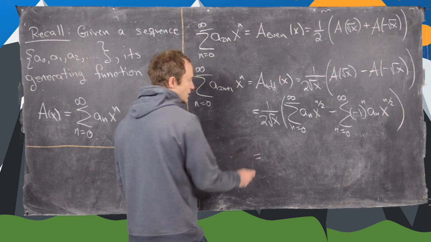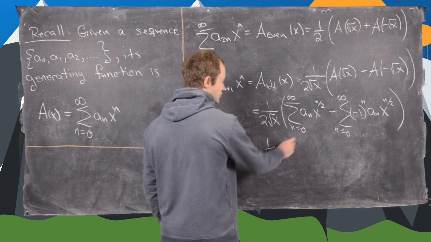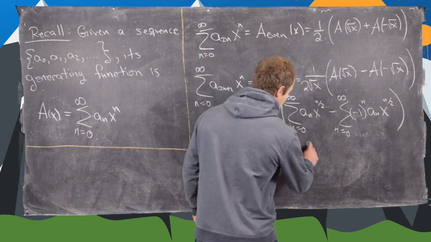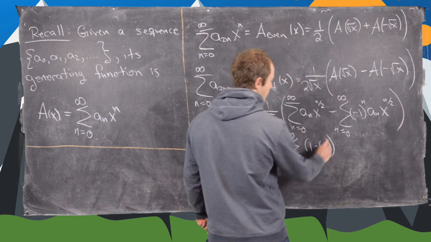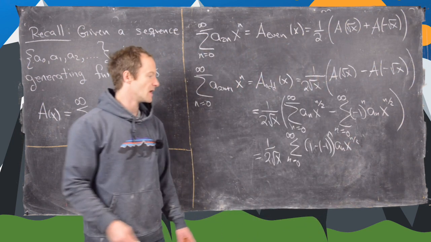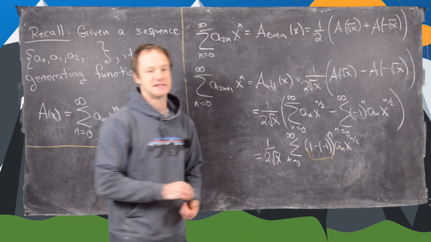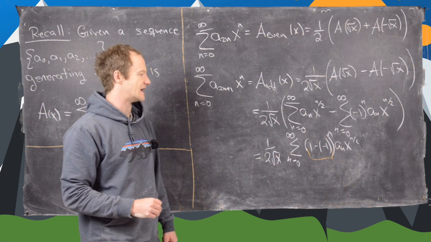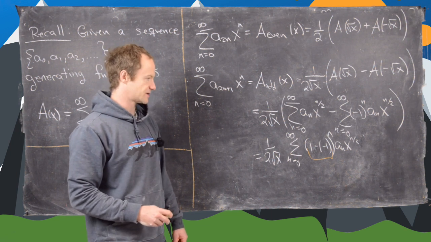So now what we'll notice is that we can put these two together. So we have 1 over 2 root x, and then the sum n equals 0 to infinity of (1 - (-1)^n) a_n x^(n/2). But now notice this term right here is 0 if n is even and 2 if n is odd. So that means all we get is the odd terms.